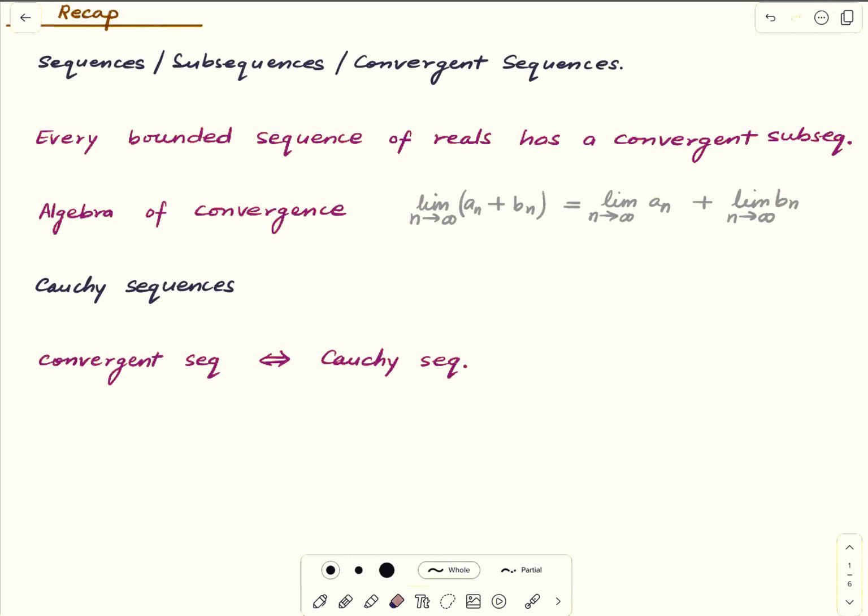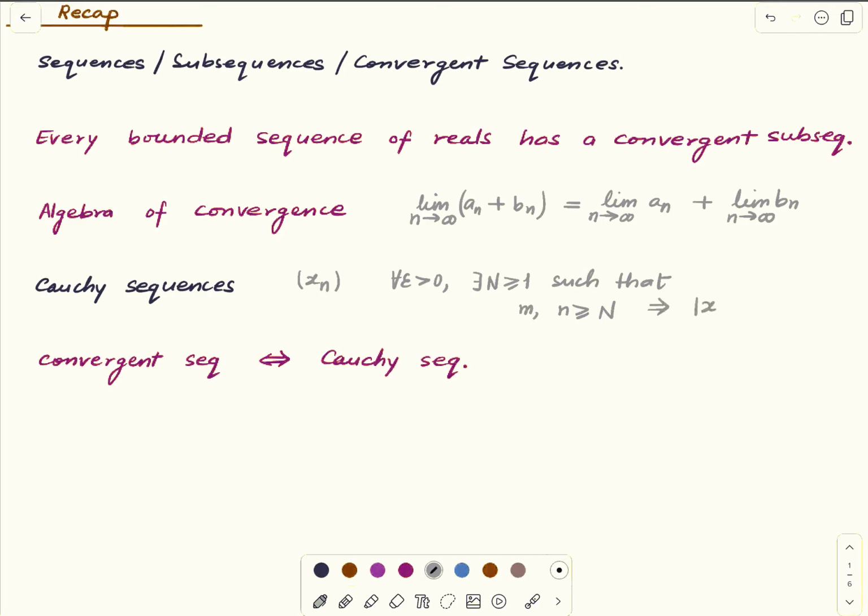So what are Cauchy sequences? We say that a sequence, call it x_n, of real numbers is Cauchy if for all epsilon greater than 0, there is some natural number N such that whenever we have two indices m, n that are at least capital N, their distance is at most epsilon.